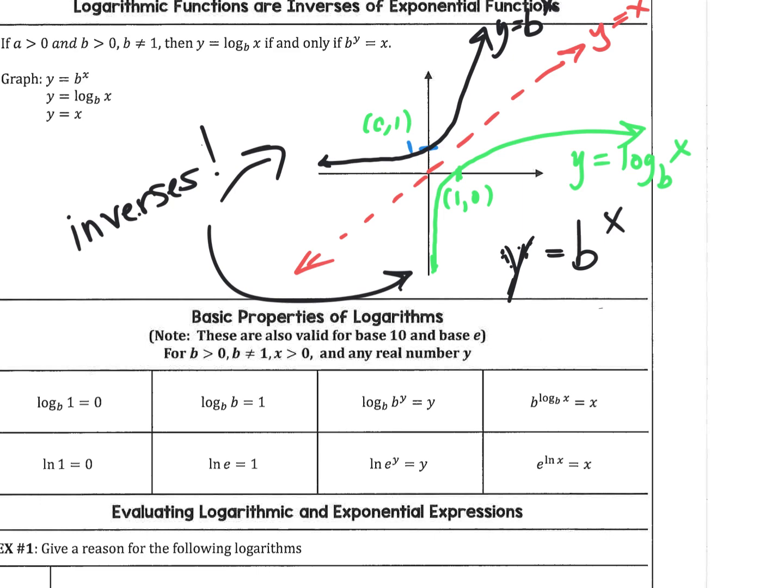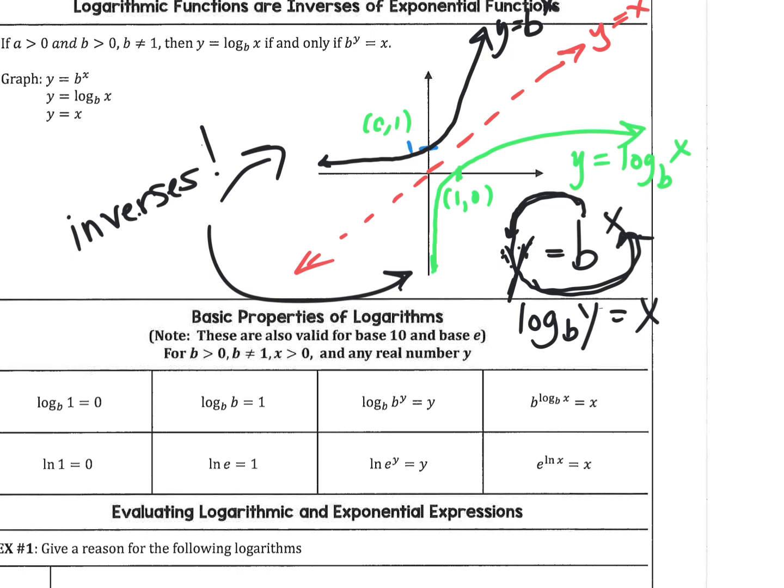Now, how we do it is as follows. We go around the world. We curly Q. Okay? We say log base b of y equals x. So we start here and we spiral around.